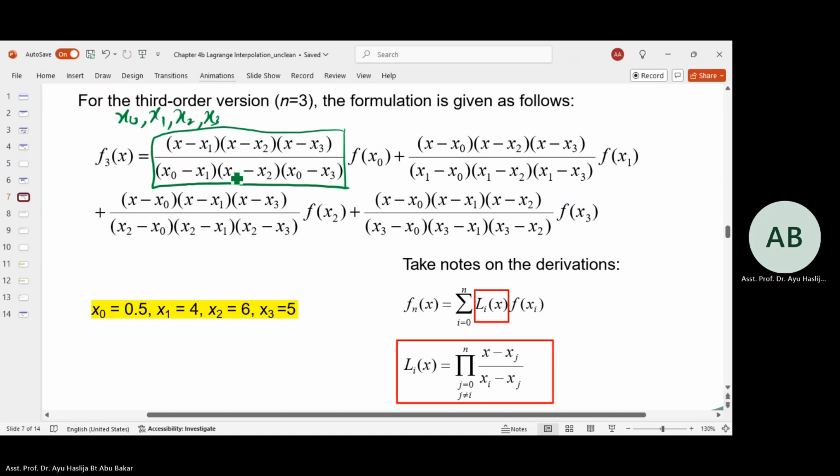So this is L0, L1, L2, and L3. So the derivation is the summation of all weighting function. Then the Li here is the product of.